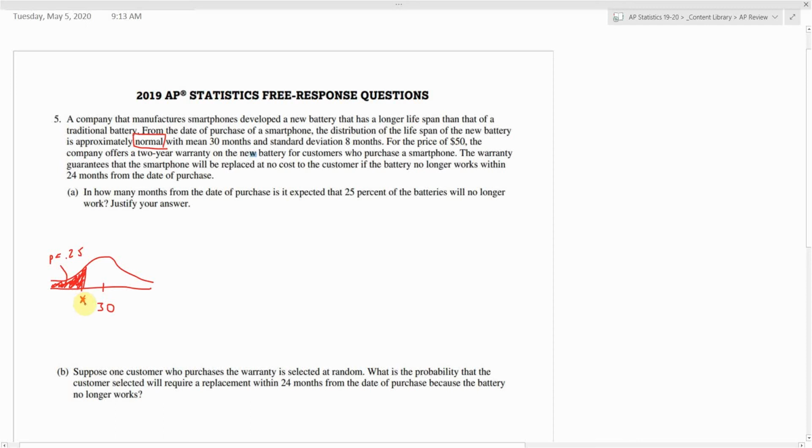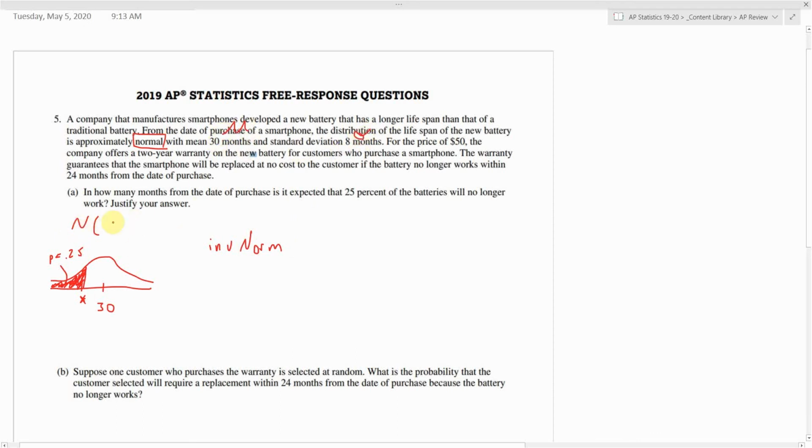What is that score? Hopefully this triggers that if I know the area and I'm looking for the score, this is the inverse normal function. So I can do inverse normal. In fact, before I even do that, I'm going to use the mean and the standard deviation. So here's mu, here's sigma.